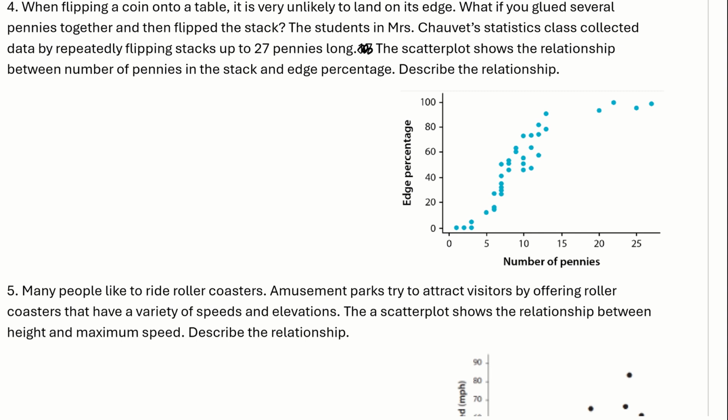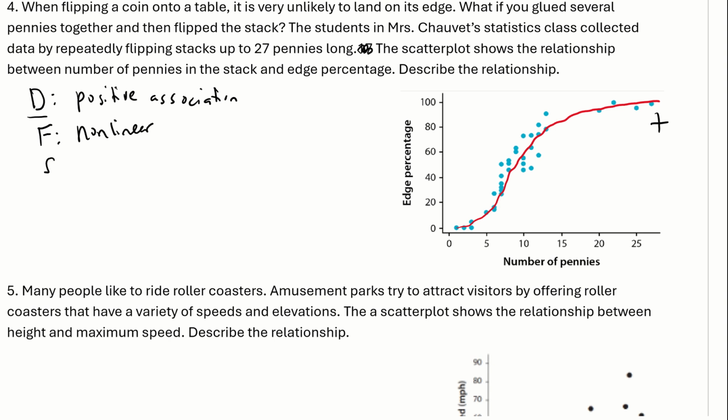So if you look at it, it looks to be curved, right? So it's non-linear. Okay, so first off, it's going up, so it's positive. So the direction is a positive association. The form looks nonlinear.